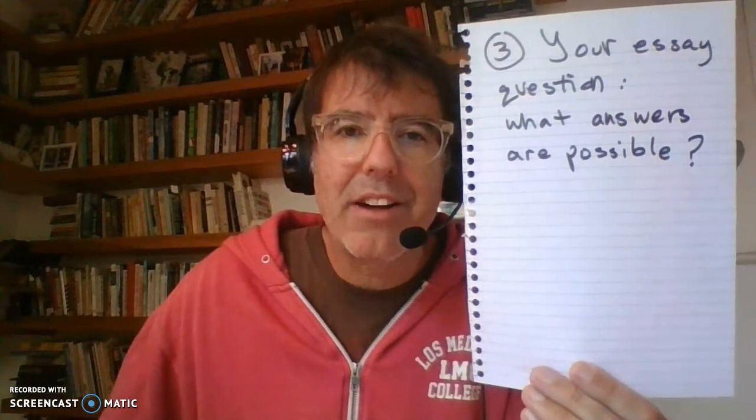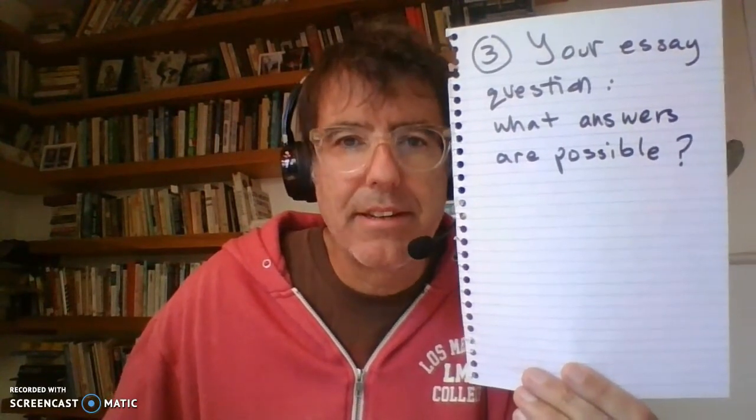No, Coates is not justified. Or you could be in between. Coates is partly justified. Notice that you're not writing a thesis yet, but you're reading your essay question, and you're asking yourself, what are the options? What could I say in my paper? And as you do that, you should scribble down notes.